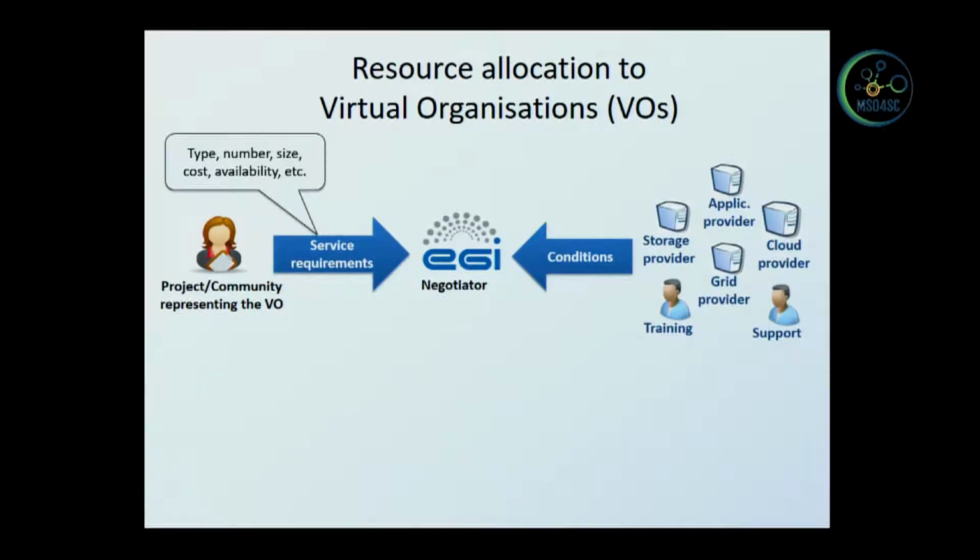So in this setup, EGI, or EGI Foundation more properly, acts as a negotiator or a broker for you to find the most suitable resources from these 300 providers based on the requirements that you pose as a project or as a community.